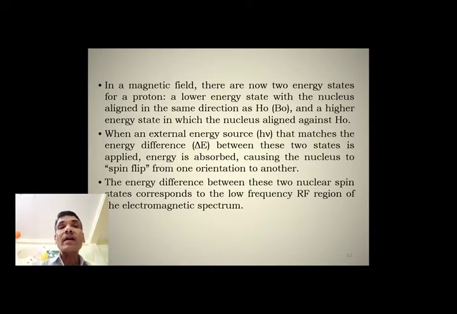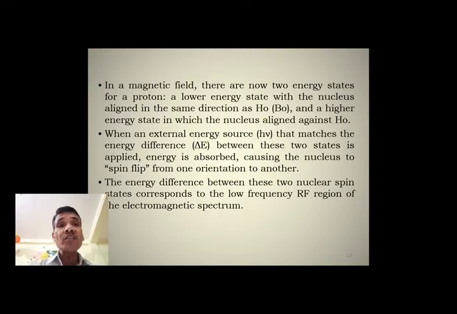When an external energy h nu, which matches the energy difference delta E between the two states of the nuclei, is applied, then energy is absorbed by the molecule, which causes the nucleus to spin flip from one orientation to another orientation.